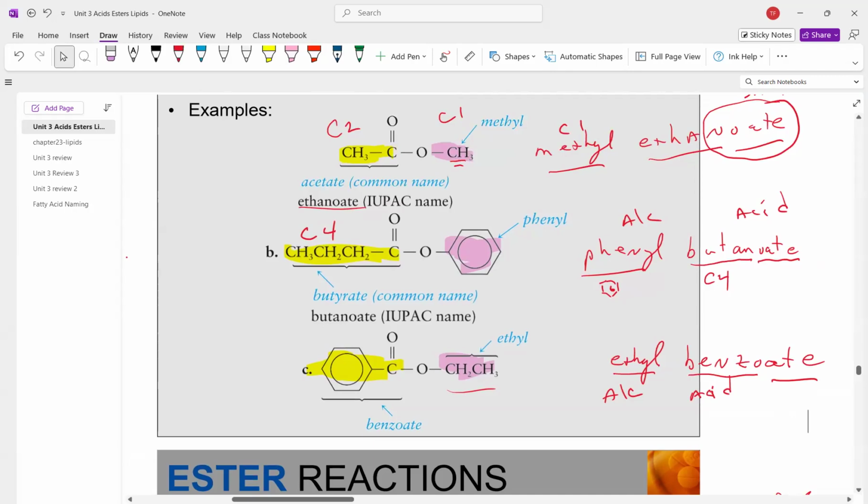Now, when we get to unit 4, it's going to be the same thing. You're going to have an acid plus an amino group, and the amino group is going to be the secondary backbone, and it goes first. Same thing. Are there any questions about naming these esters? It's just a matter of practice.